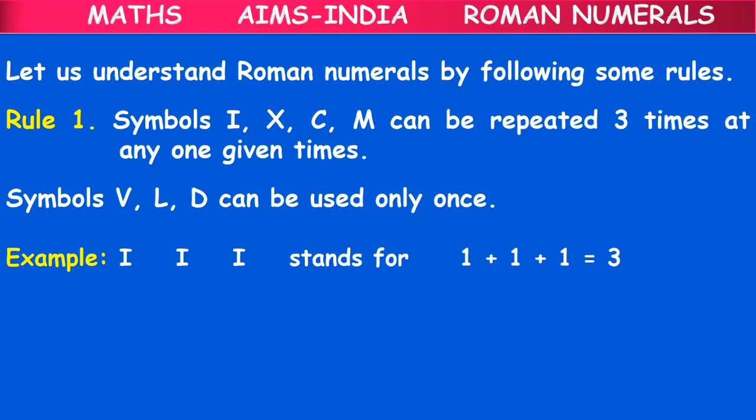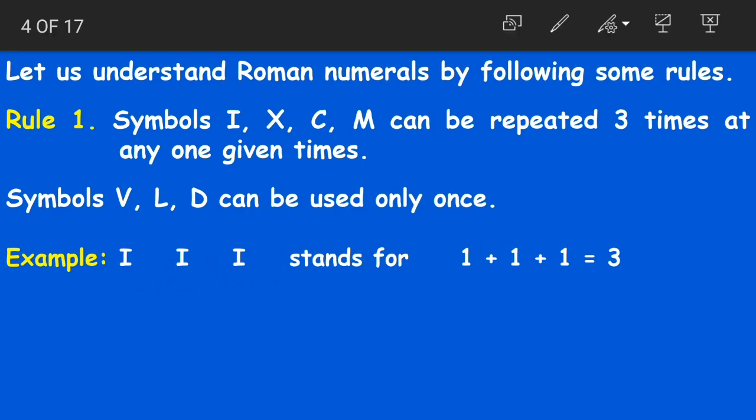For example, again the same example, we have 3 I's here. I, which means 1 plus 1 plus 1 is equal to 3. We cannot write V. Okay children, we cannot write V because V, L, D can be used only once. This will be wrong.